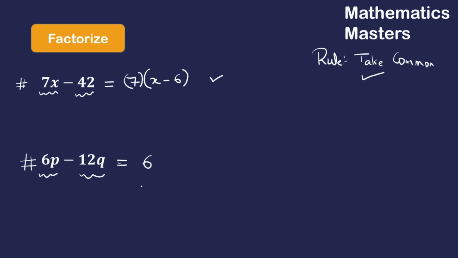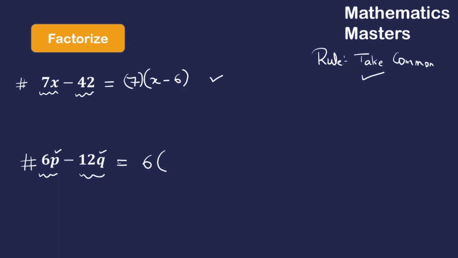The number is 6. Other than the numbers, over here is p, over here is q, and I cannot take anything common other than the numbers. Why? Because in the first term p is there which is not present in the second term, and in the second term q is there which is not present in the first term. So nothing can be taken out other than 6.